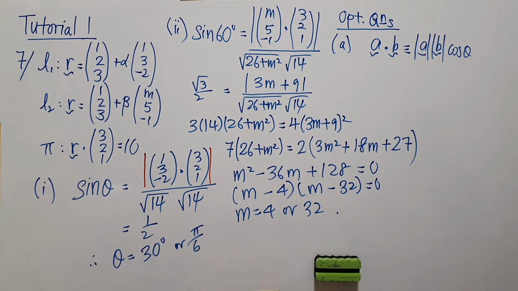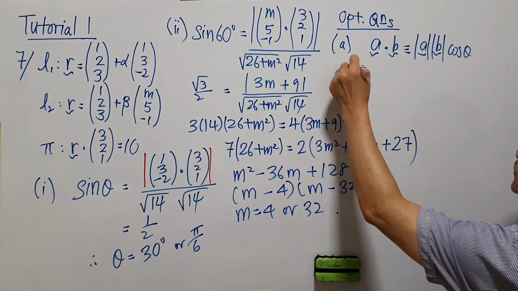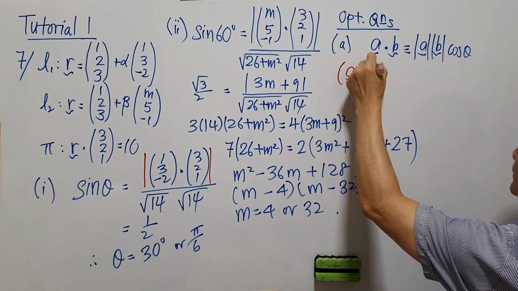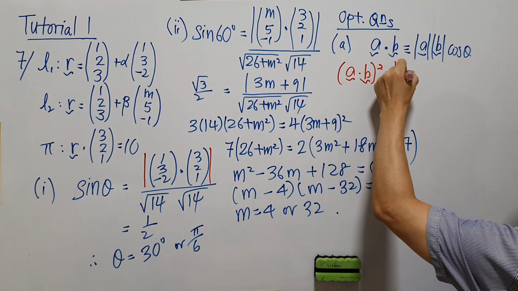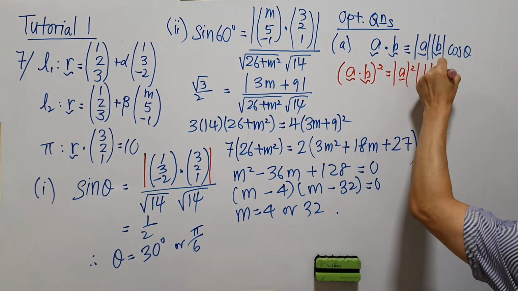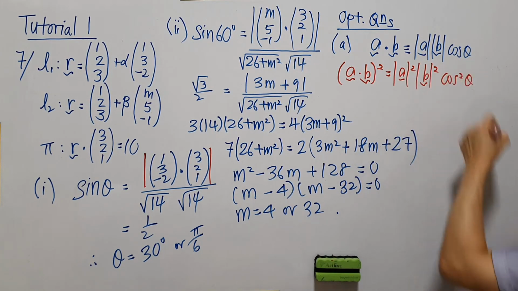Because cosine theta is between minus 1 and 1, maybe before that, I'm going to square both sides first. Squaring both sides, I get this thing squared plus this thing squared and cos squared.